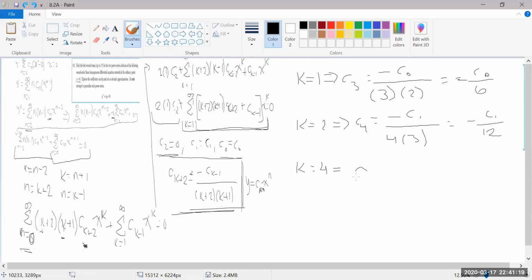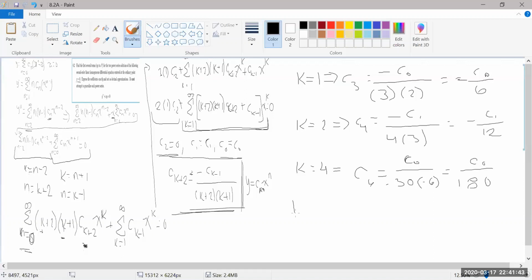So for k equals 4 is going to give you C6. And here you're going to get our C naught again, and then over -30 and -6. So that's actually going to go to a positive C naught over 180.